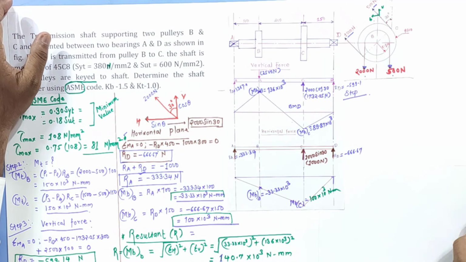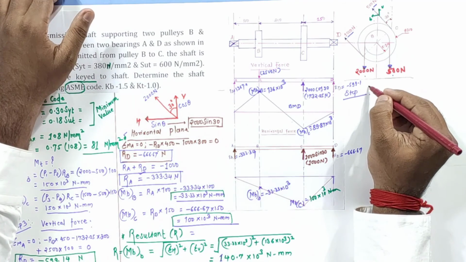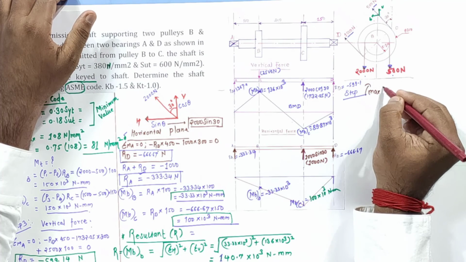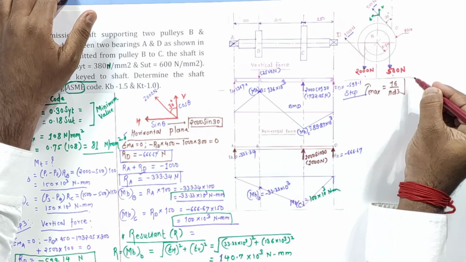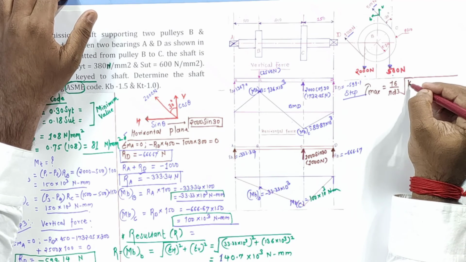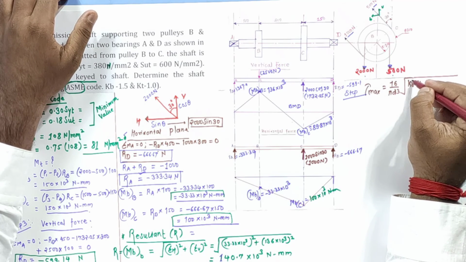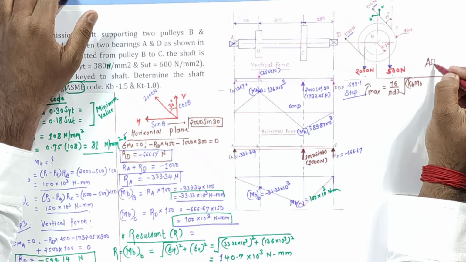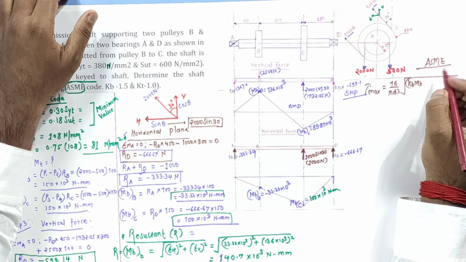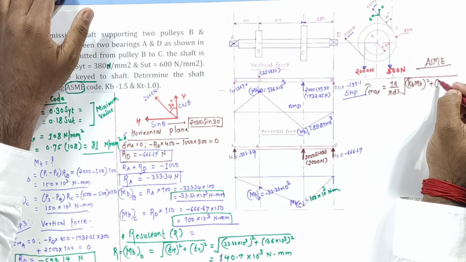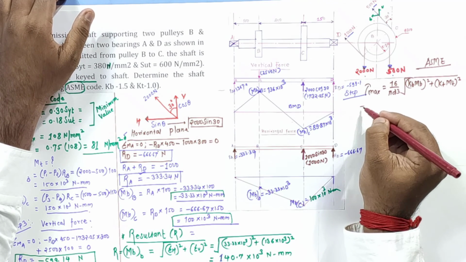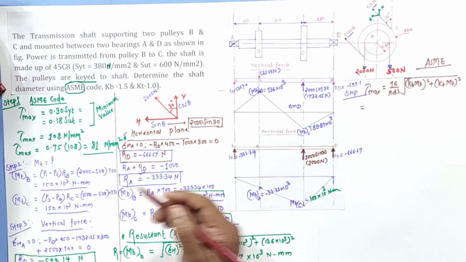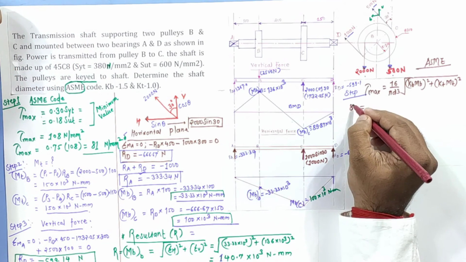The last step is, we know tau max is equal to 16 by pi d cube times the square root of (kb mb) bracket square plus (kt mt) bracket square. This is for ASME. Remember this, very important. So one by one I'll put in the values. Tau max we have calculated, see here, 81.